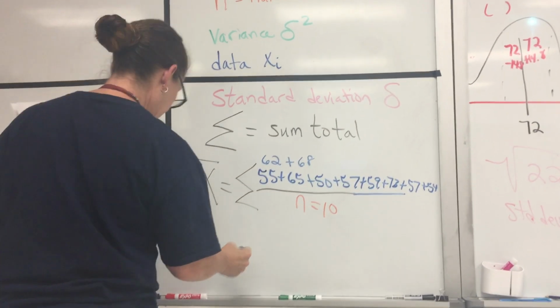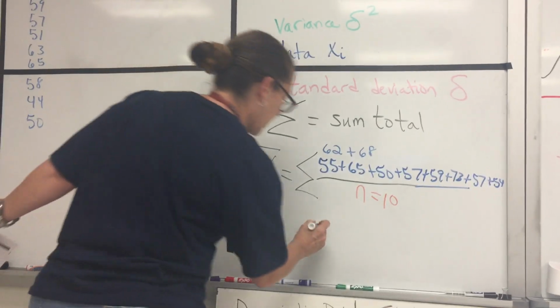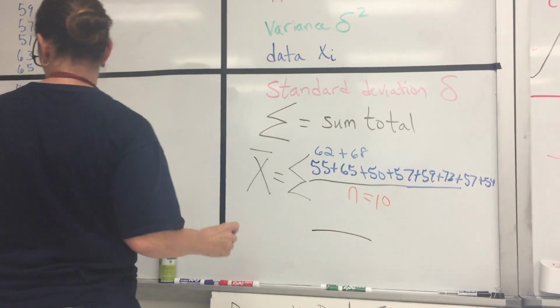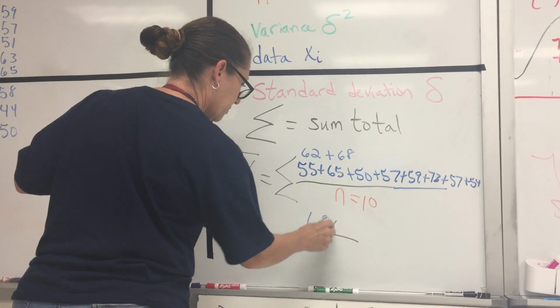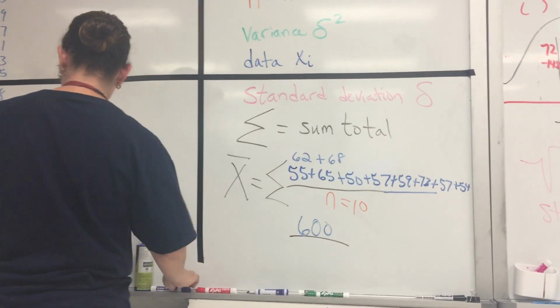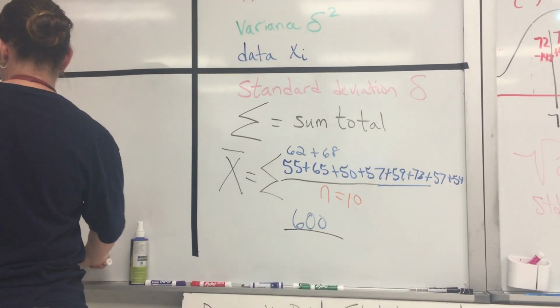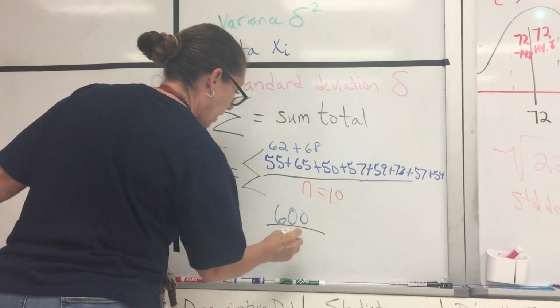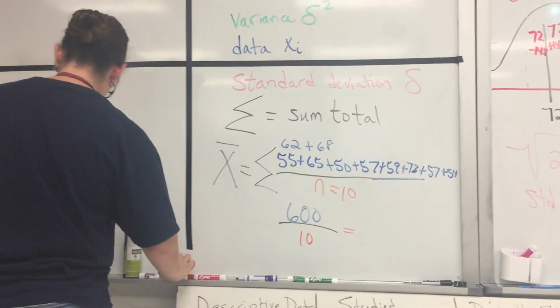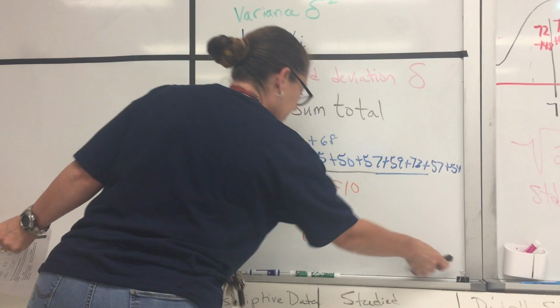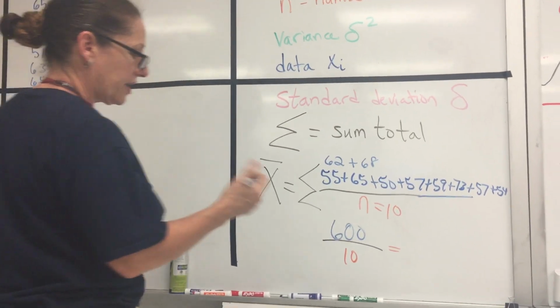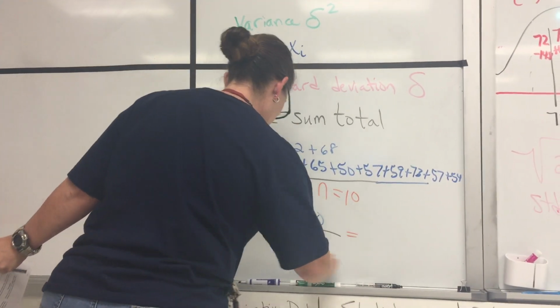If we add all that together, we would get 600. All that added up, divided by 10, gives us our mean average. 600 divided by 10 equals 60. So that's our mean average, 60.